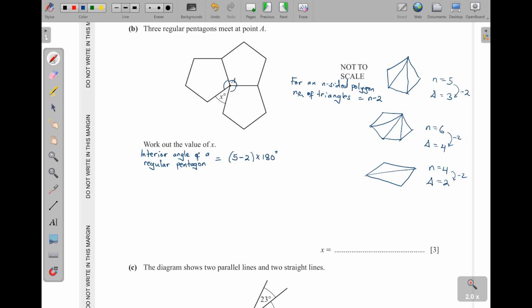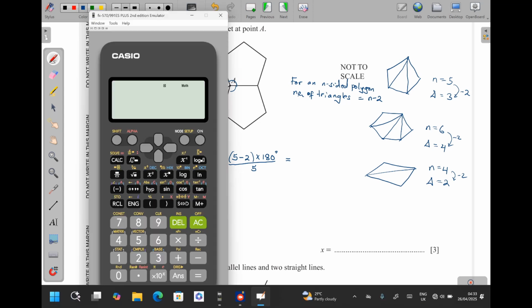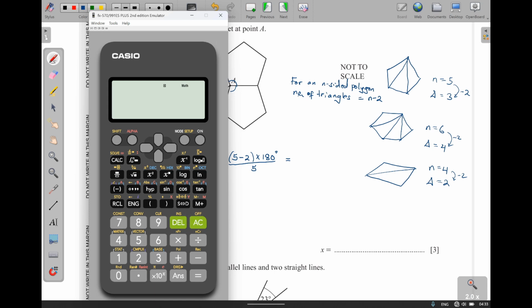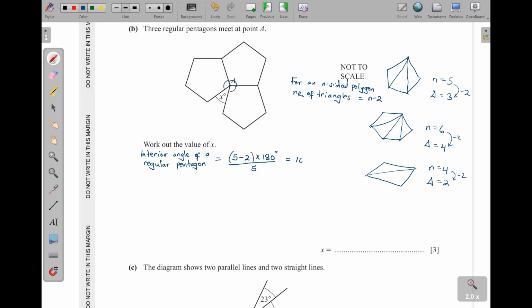This is the sum of the angles in the pentagon. Then we are dividing by n because all of them are equal. So when you get your calculator and you put 5 minus 2, that is 3, times 180, and then you divide by 5, 108 degrees.